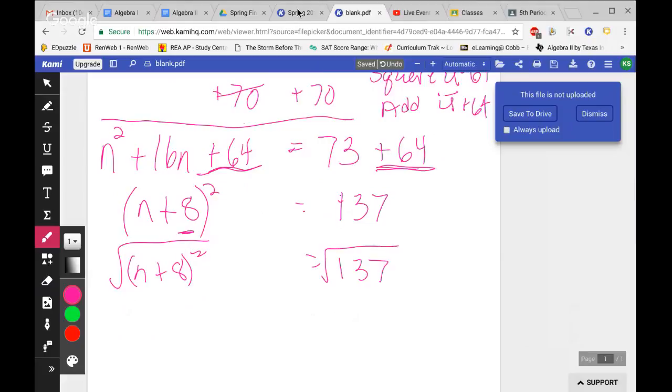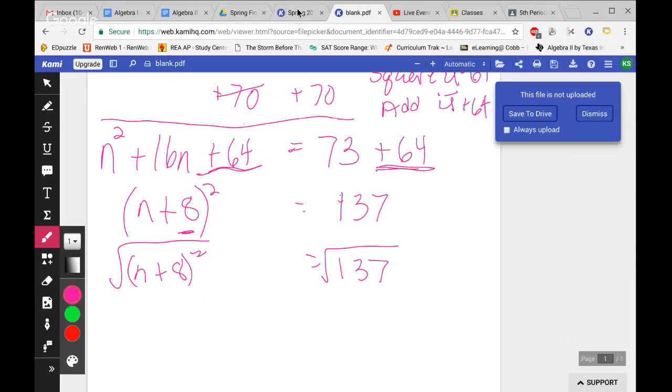So the other thing I'm going to do is 137. I'm going to go through my divisibility checks. 137 is not even, so it's not divisible by 2. 1 plus 3 is 4. 4 plus 7 is 11. So the digits of 137 all added up give me 11, so that's not divisible by 3.